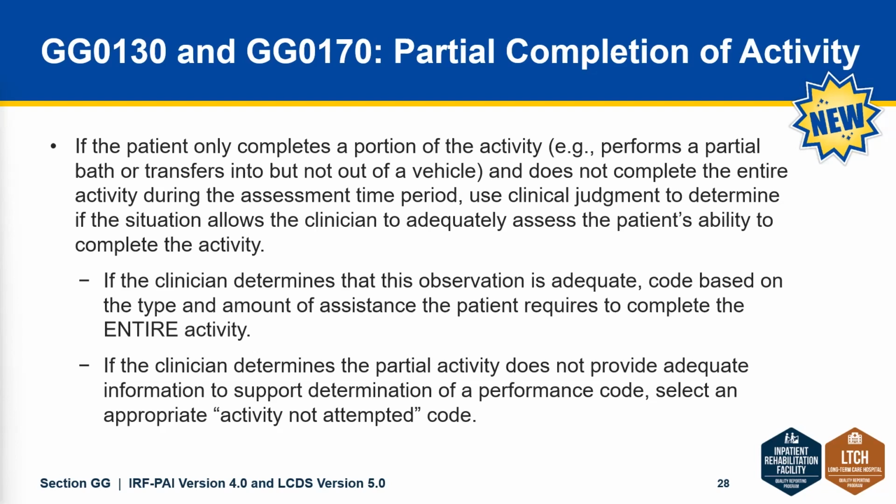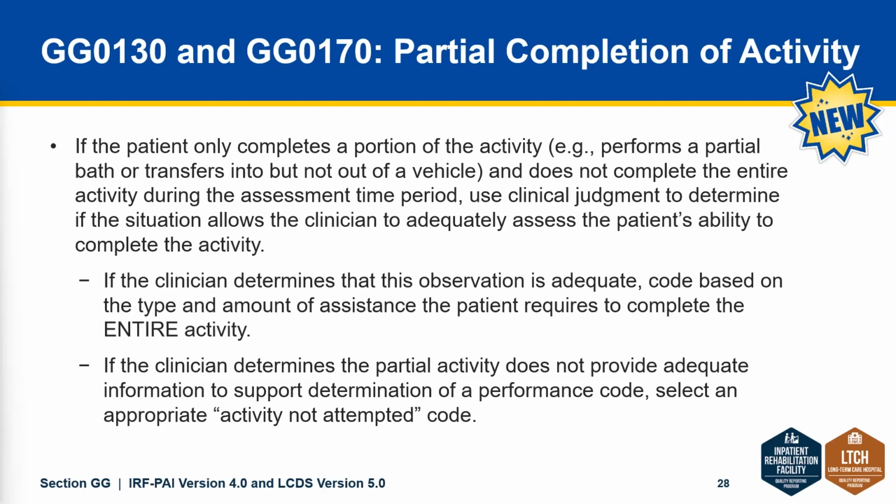If this happens and the patient has not completed the entire activity during the assessment time period, clinicians should use their clinical judgment to determine if the situation that was observed allows them to adequately assess the patient's ability to perform that activity. If it's determined that this observation is adequate, then code based on the type and amount of assistance the patient requires to complete the entire activity.